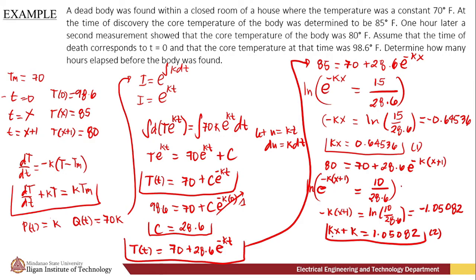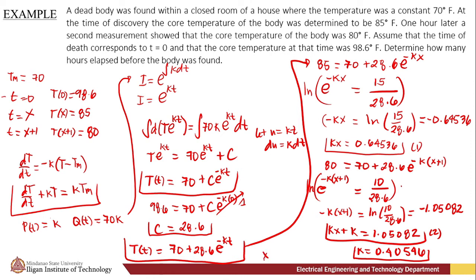We just substitute that here. So the value of our k now is equal to 0.40546. So this one is the value of our k. Substituting that here at kx so that we can identify the value of x, which is the time of discovery.